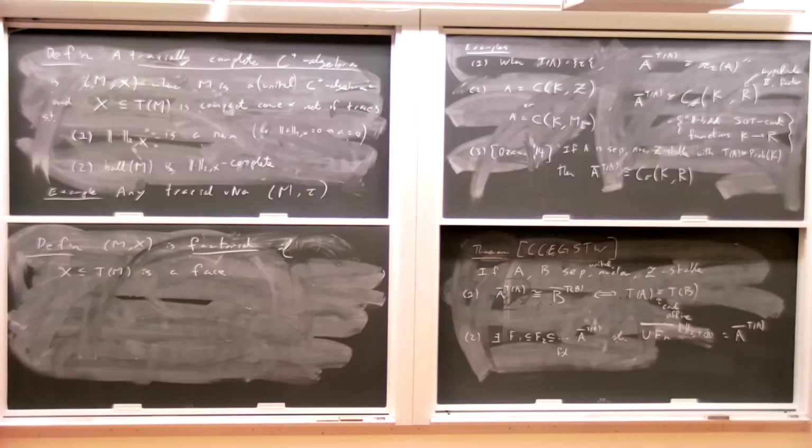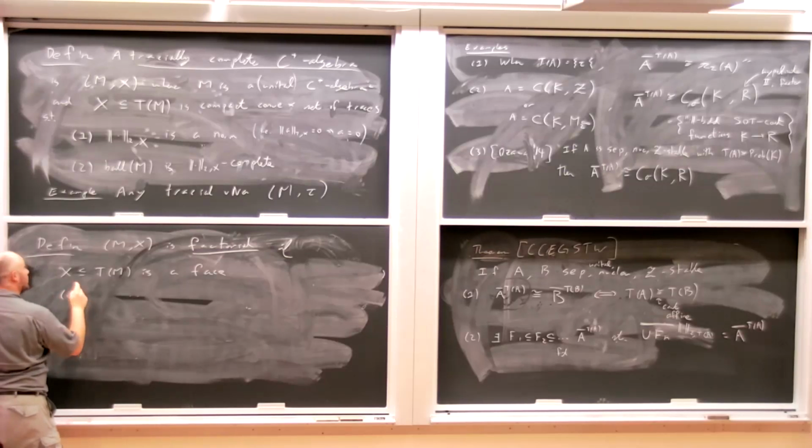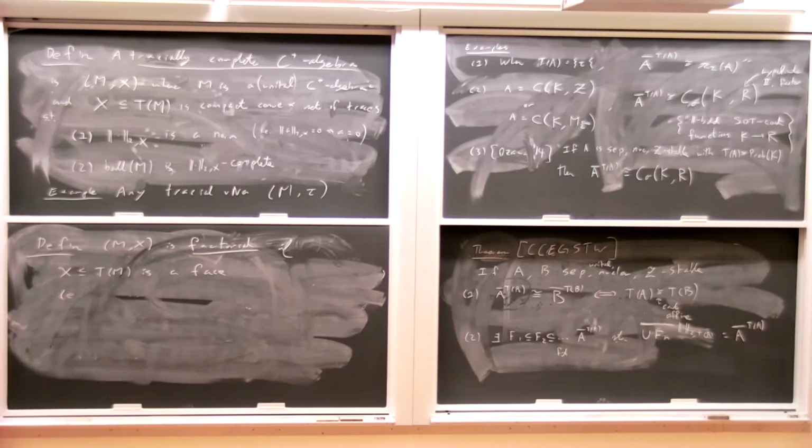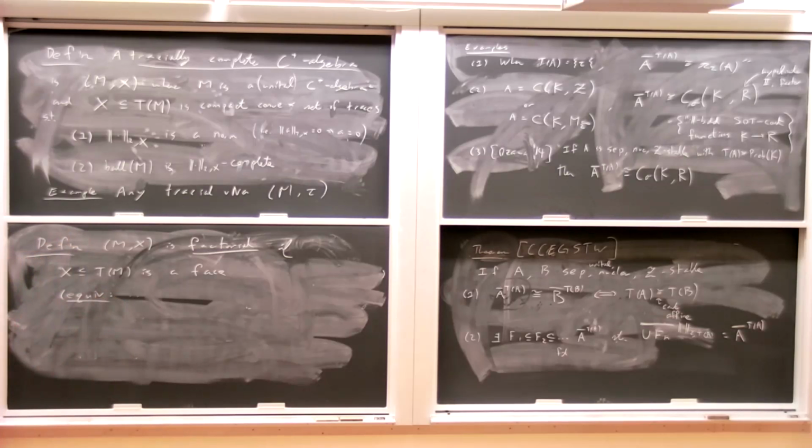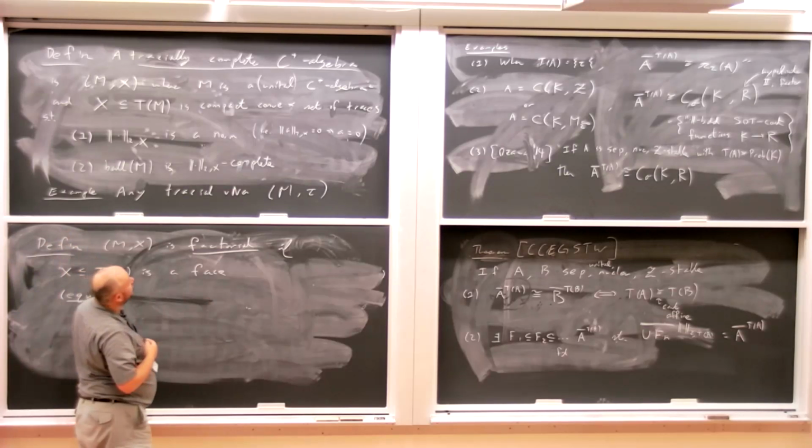I want X to be a face inside T of M. So if you take two traces and their average belongs to X, both were already in X. That does characterize factors in the von Neumann algebra setting. For the sake of proofs, it's very helpful to have a geometric definition like this, but it is equivalent to a maybe more naive definition.